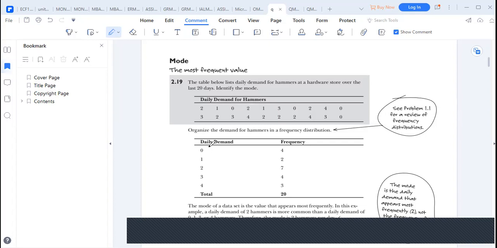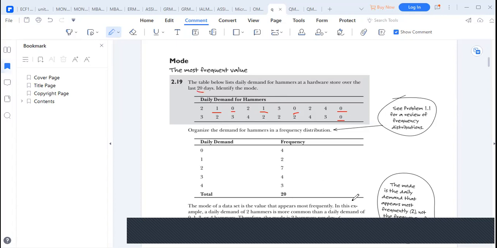How many zeros do we have? 1, 2, 3, 4. Put 4 there. How many ones do we have? 1, 2, put 2 there. How many twos do we have? There are 7. How many threes do we have? There are 4. How many 4s do we have? There are 3. The total is coming up to 20.